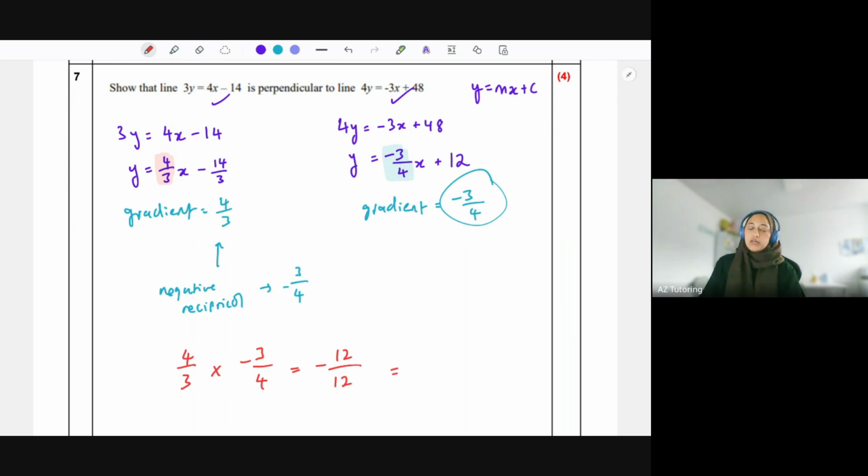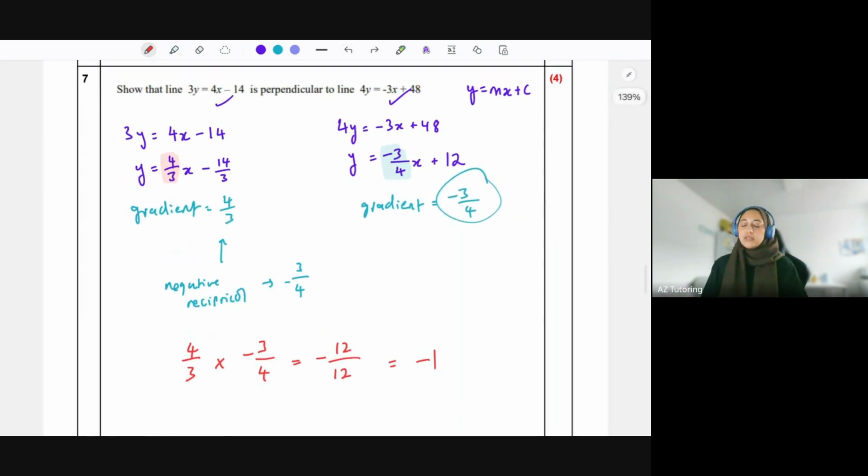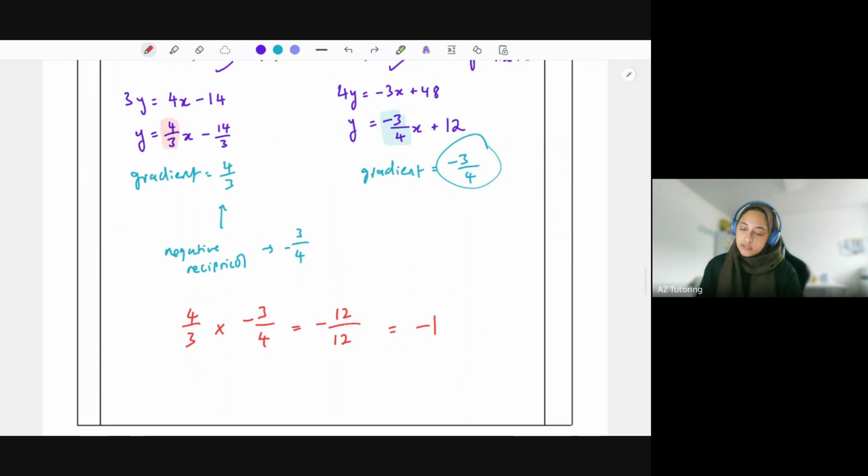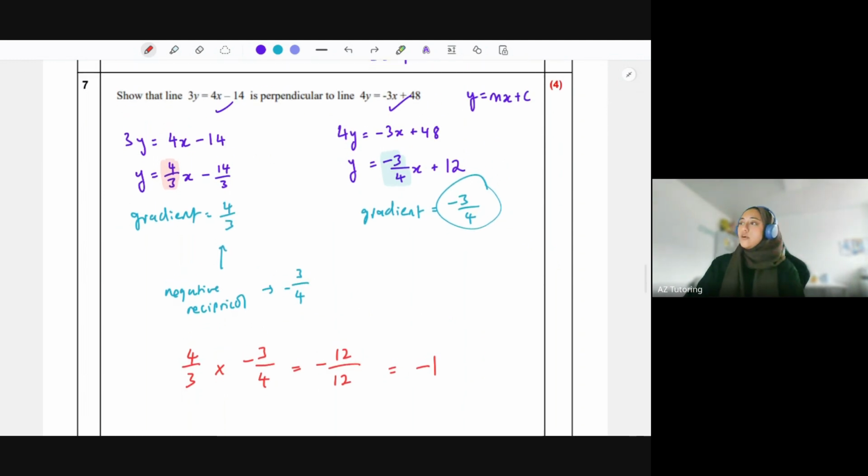Minus 12 divided by 12 is just minus 1. So you have to show that both your gradients, when you times them together, you get minus 1. A lot of people miss this last step here. And then just write a little concluding statement that, therefore, both these lines are perpendicular to each other. Okay, and that's for 4 marks.